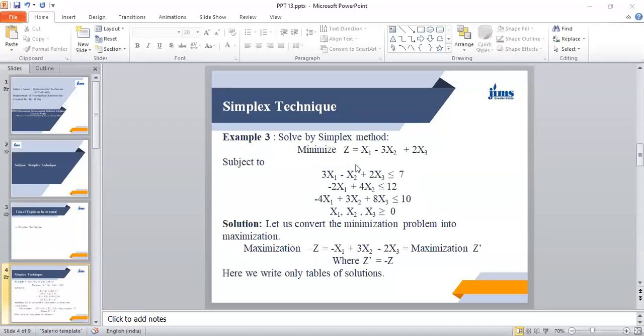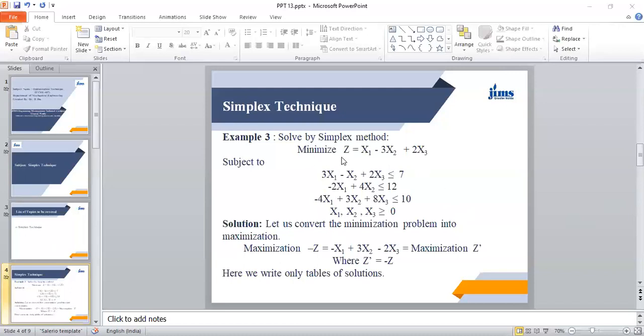Say minus z is equal to z prime. So our problem is maximization of z prime, which will be equal to minus x1 plus 3x2 minus 2x3, subject to the given set of constraints.